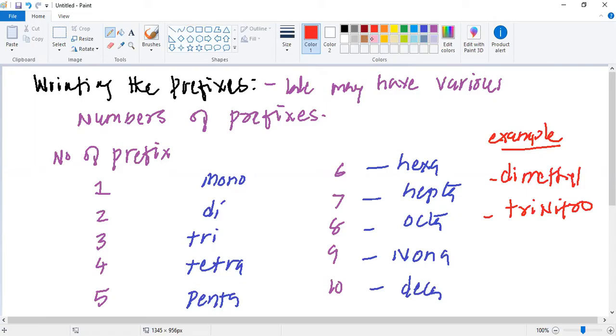I'll give you the example: we can have 2,4-dimethylpentane, or we may have trinitrotoluene.